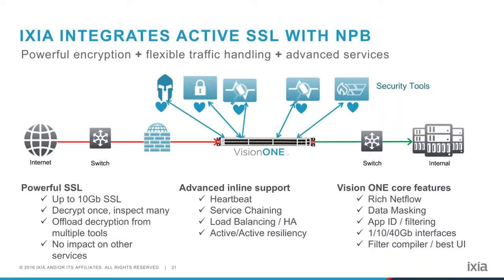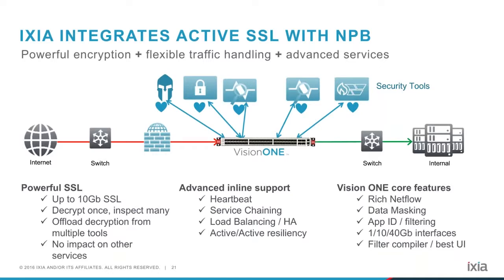There's a lot of other features built in or optional on the Vision One platform. Maybe after you decrypt traffic, you want to generate NetFlow to see what's going on, and we offer very rich NetFlow with things like application identification and geolocation and custom application support. You can tell what kind of handset, what kind of browser someone's using.